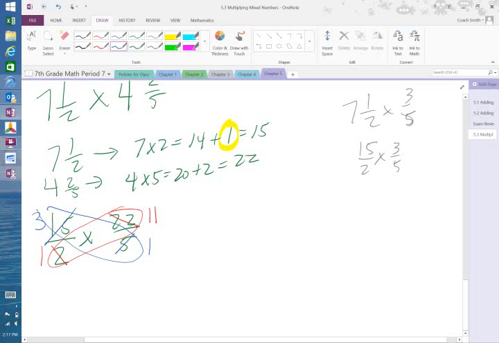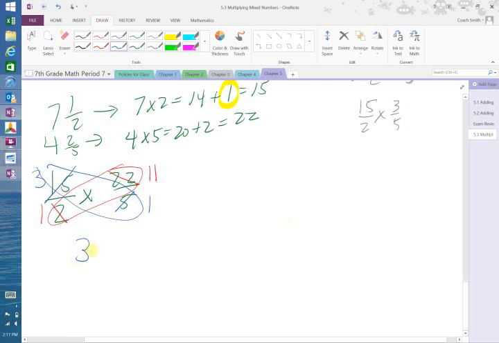Now, what I have left is this. 3 times 11 on top, 1 times 1 on bottom. 3 times 11 is 33, and that is 33.